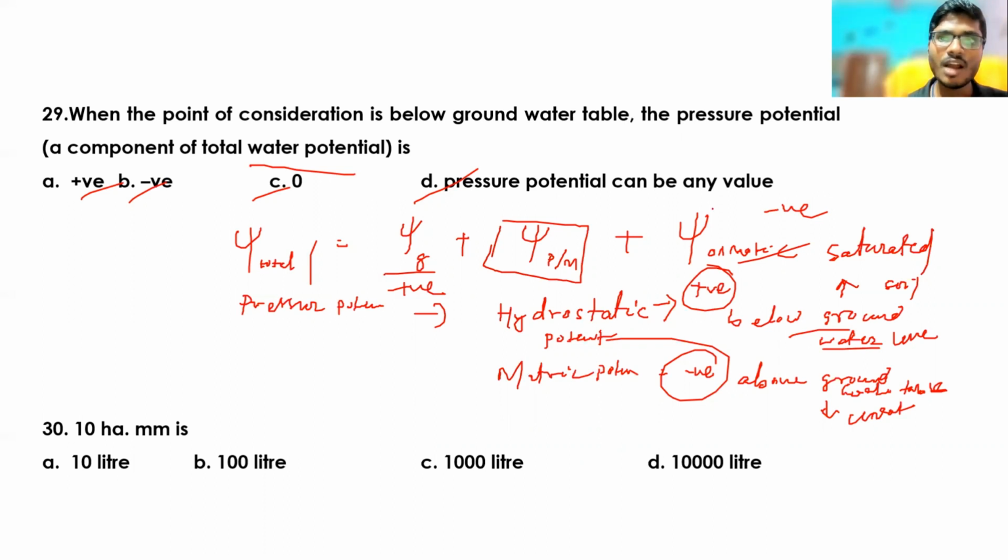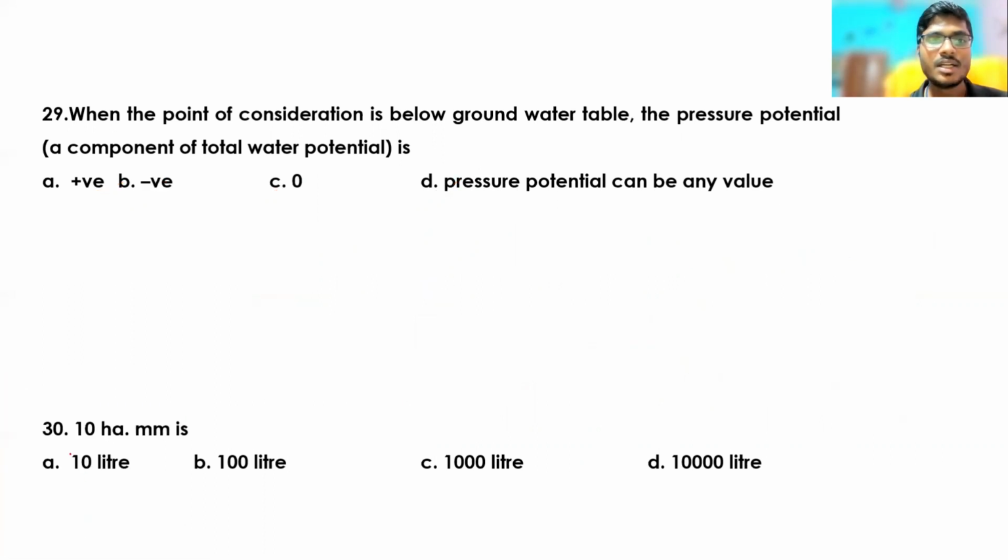Now the last question of today's lecture. It is a simple question: 10 hectare millimeter is how many liters, that is, quantify 10 hectare millimeter of water. Suppose a farmer says that I have irrigated my 1 hectare land with 10 millimeter water.